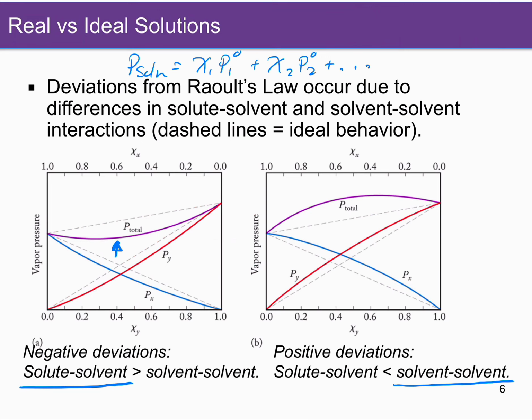What we would expect with Raoult's law would be this dashed line, but because it's a lot easier to separate the solute and the solvent, we see a positive deviation. It takes a little bit less energy to break the intermolecular forces to turn the solution into a vapor.